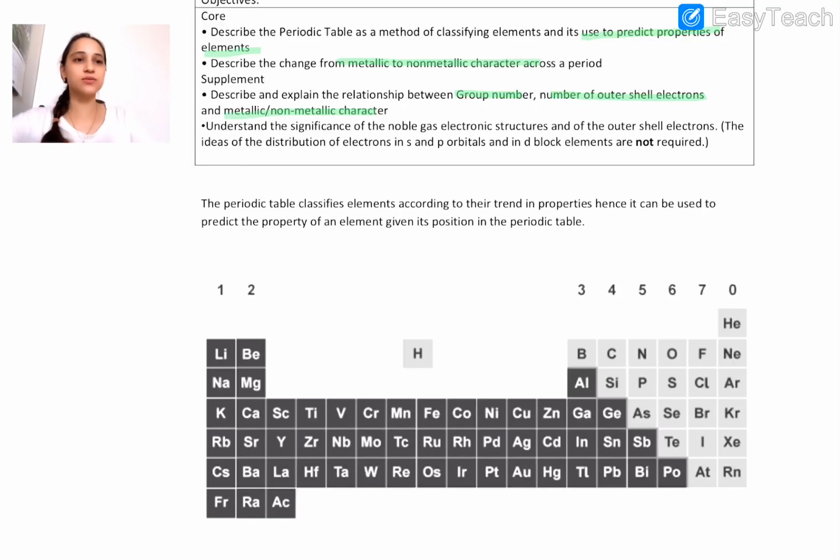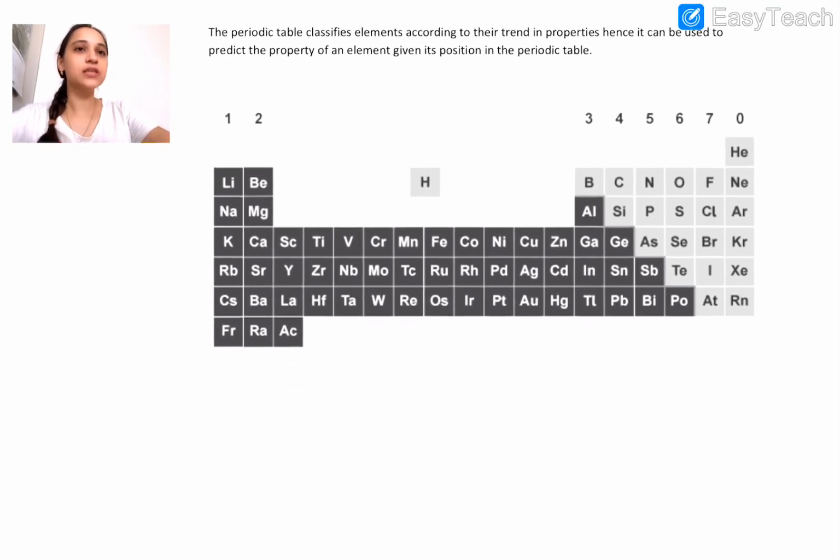Okay, so let's see the periodic table. The periodic table is going to classify elements according to their trend in properties. So what happened was that Dmitri Mendeleev was the scientist who brought all these elements together and classified them.